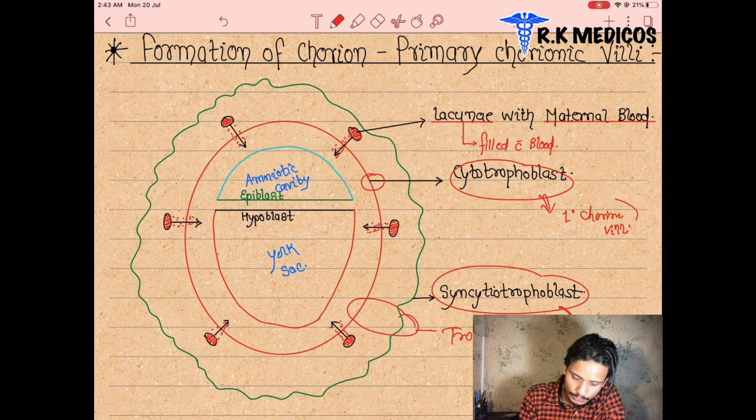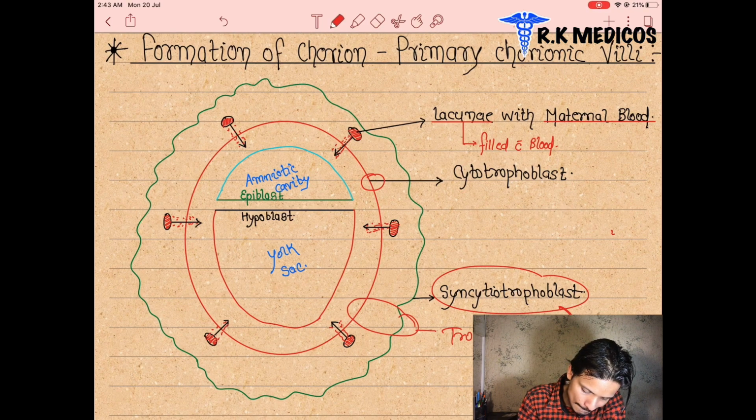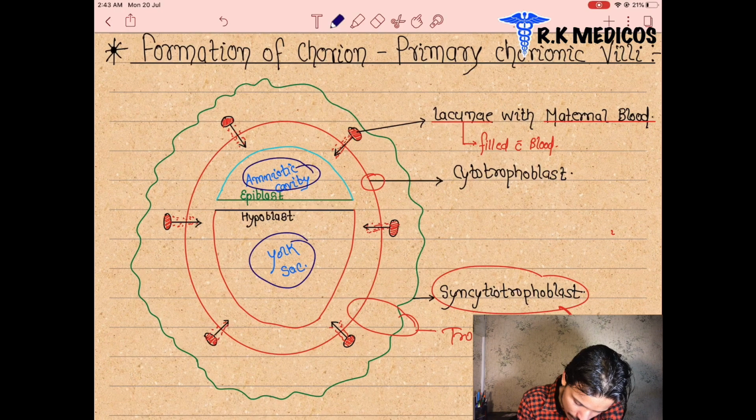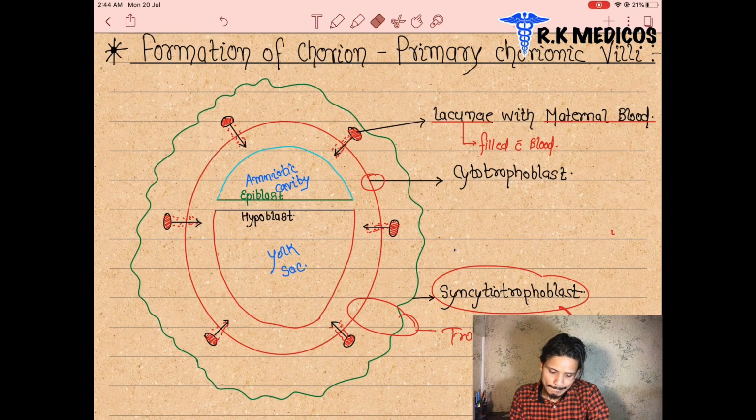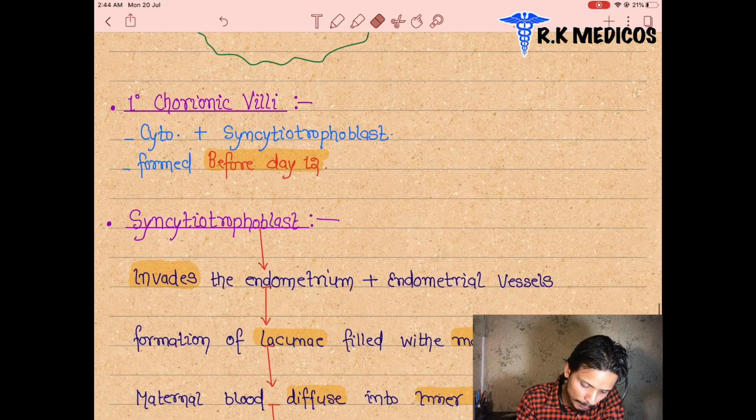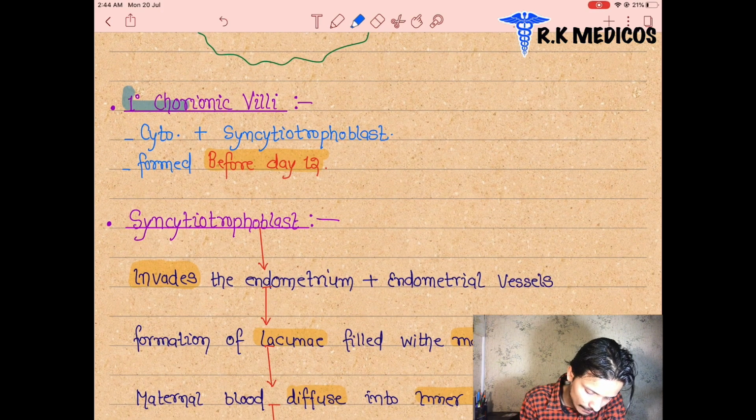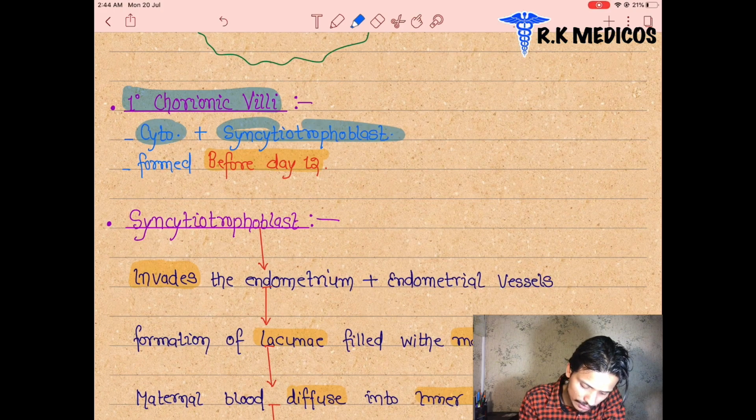How, we discuss later. In the next section we can see the epiblast, the amniotic cavity, the yolk sac, and the exocoelomic membrane, which is lined by flattened cells. This structure is also present here. Now we are moving up to the next level. The primary villi are formed by the Cytotrophoblast and the Syncytiotrophoblast.